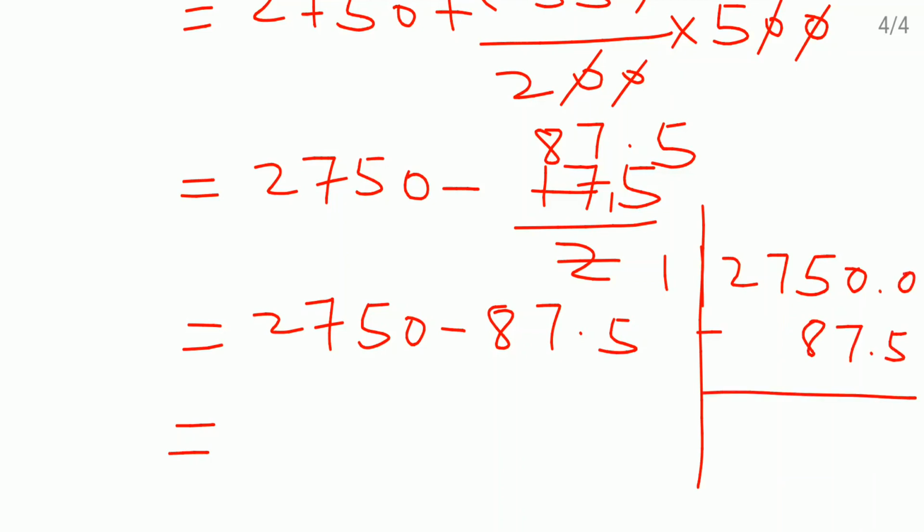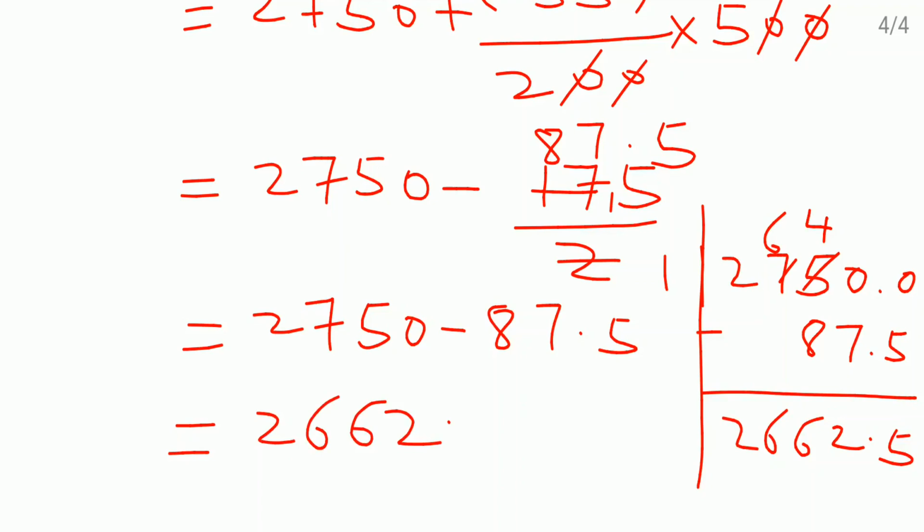Okay, 10 minus 5 is 5, 9 minus 7 is 2, this is 4, so 14 minus 8 is 6, then this one is 6 here, 6, 2, so 2662.5. This is the mean, correct?